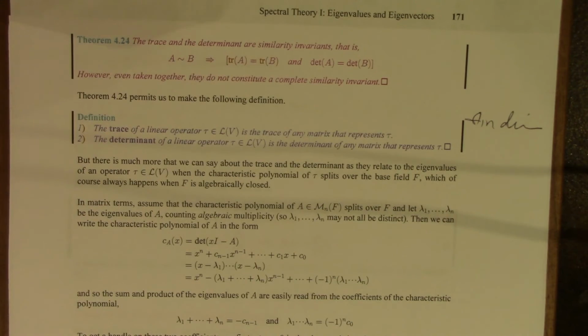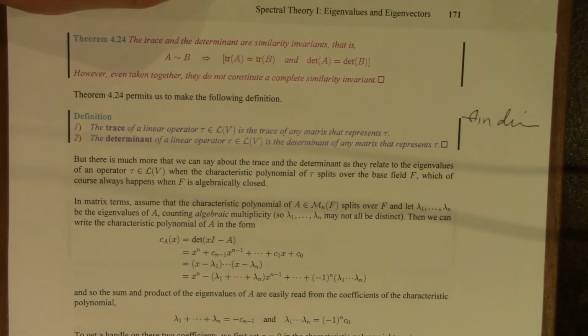I would have avoided some of this mentioning of finite dimensionality by starting this chapter by saying all vector spaces in this chapter are finite dimensional, and some authors I think do that. But some of this material that we've covered does apply to infinite dimensional vector spaces. The definition of eigenvalue, the definition of eigenspace, the fact that eigenvectors associated with distinct eigenvalues are linearly independent, these do not require finite dimensionality.